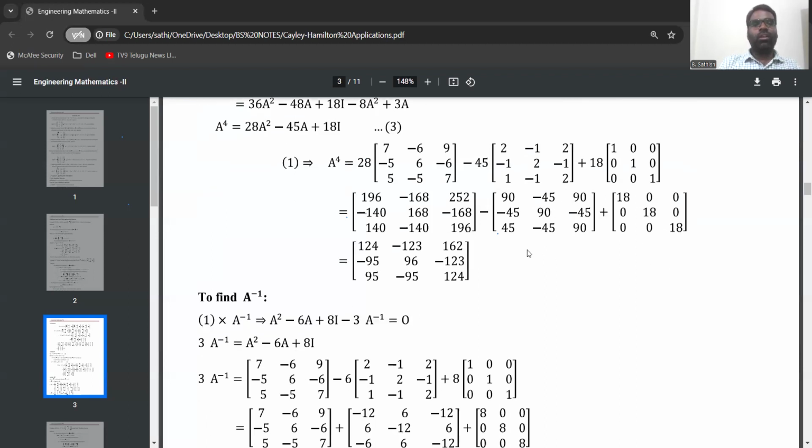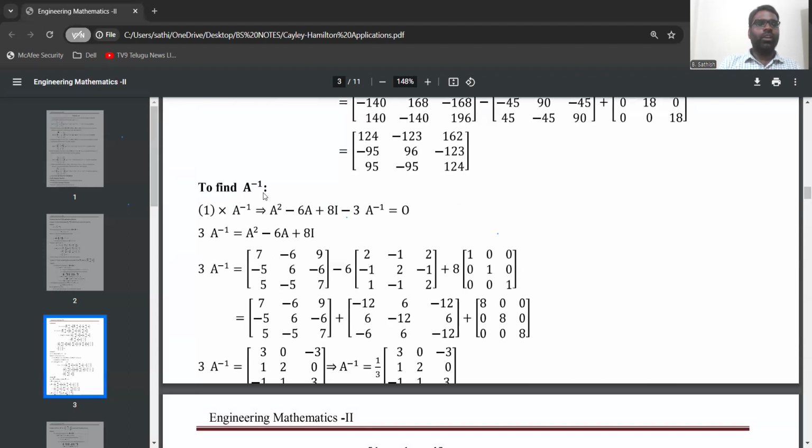So again multiplying, and after simplification we are getting the matrix A power 4 is 124 minus 123 and 162, and second row minus 95 96 minus 123. The third row 95 minus 95 and 124.